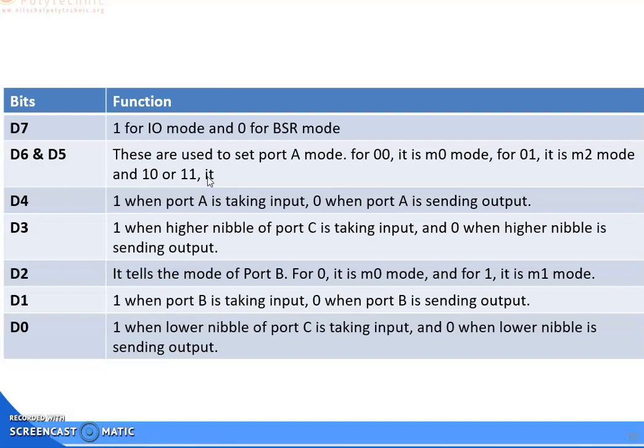The D0 bit is 1 when the lower nibble of port C is taking input, and 0 when the lower nibble is sending output. So these are the basic functions of the 8 bits of the control register of 8255 PPI.